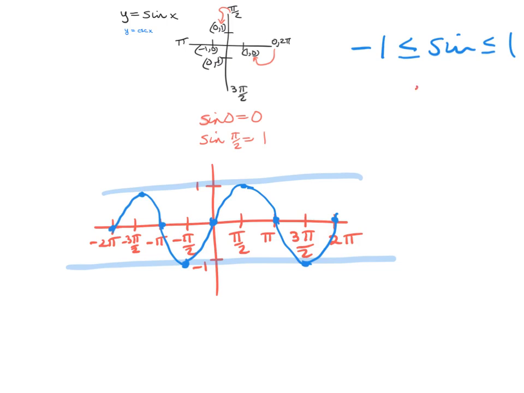Remember, the cosecant graph has to be greater than 1, and also has to be less than negative 1. So my cosecant graph, when I create it, is going to be up here and down here. I'm going to show you how we're going to make that. Get rid of the blue lines.